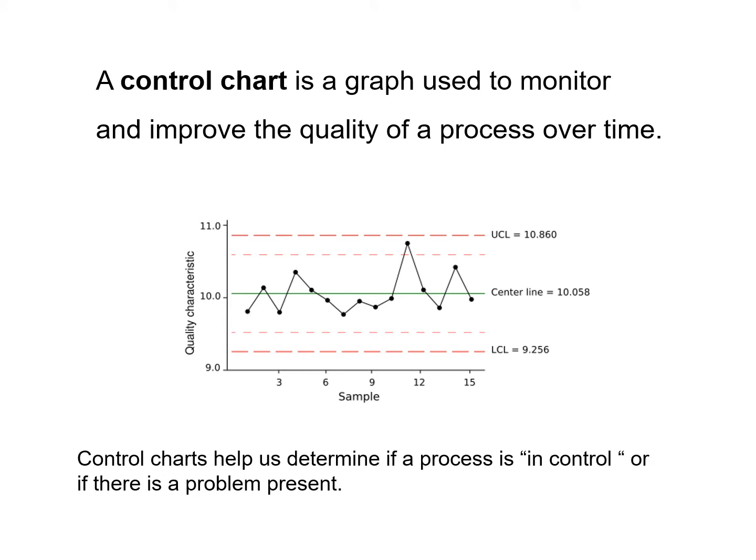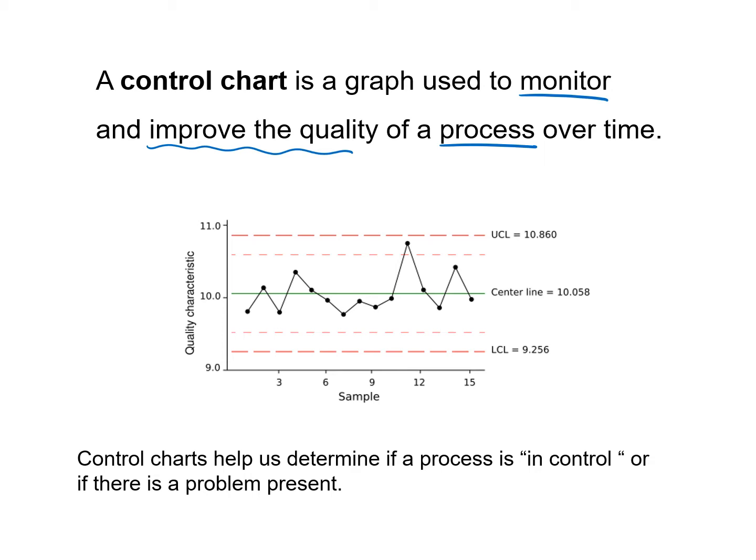So the quality control chart, like one of these, is a graph used to monitor and improve the quality of a process over time. So we monitor things and we want to improve the quality of a process. And you might wonder what a process is. A process is any activity that takes inputs and creates a product from it. So, what would you use a quality control chart for?